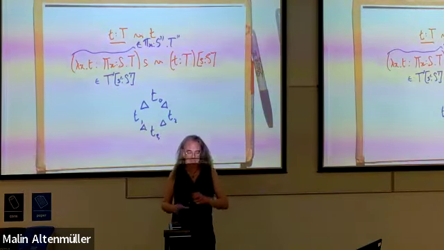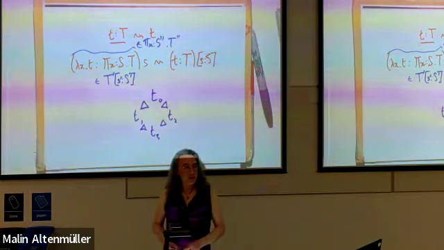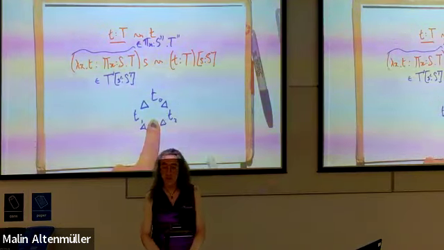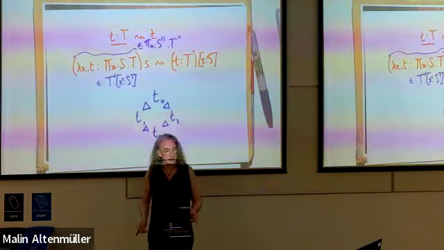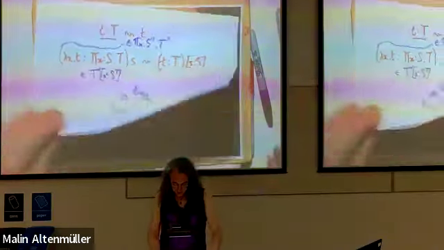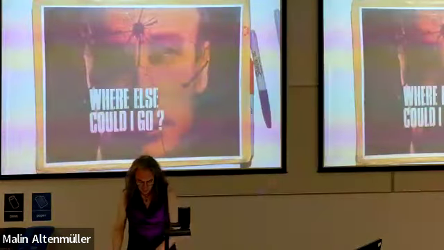Now I haven't proven this yet, but this is the plan. So it's to say parallel reduction has the diamond property. So how does the proof go?